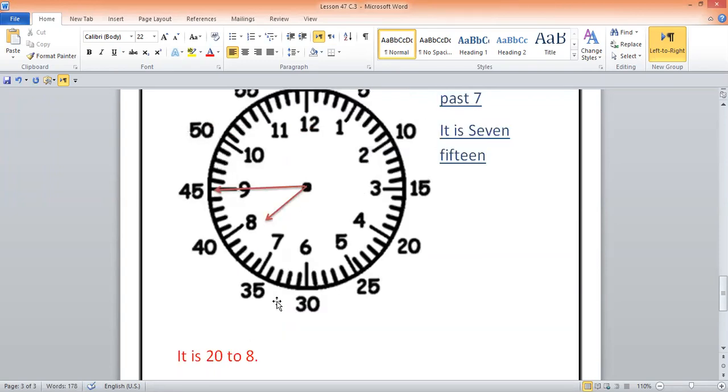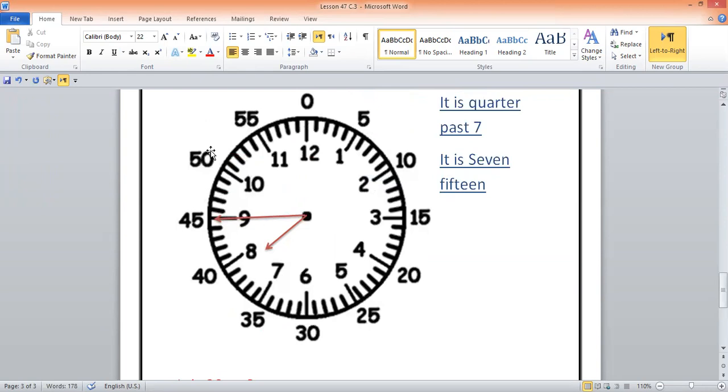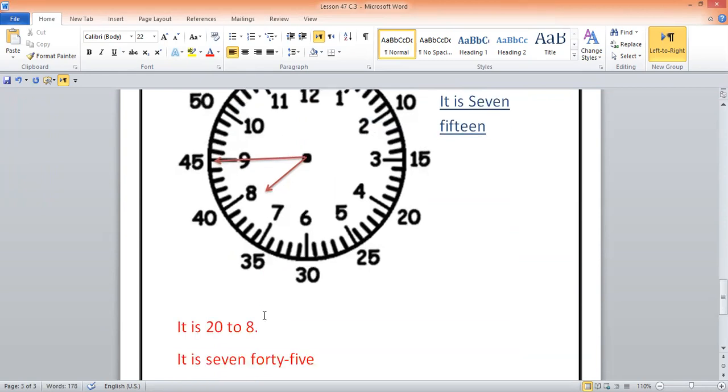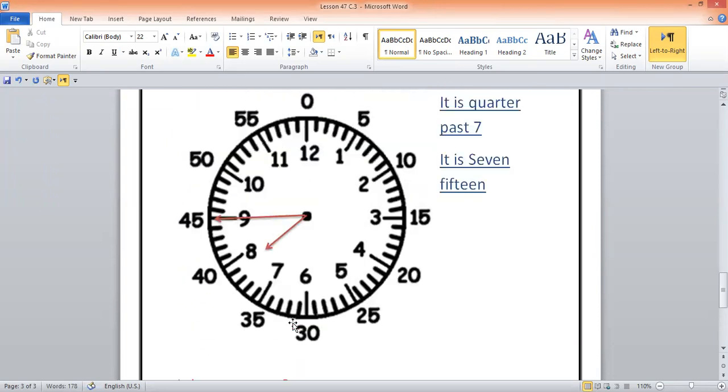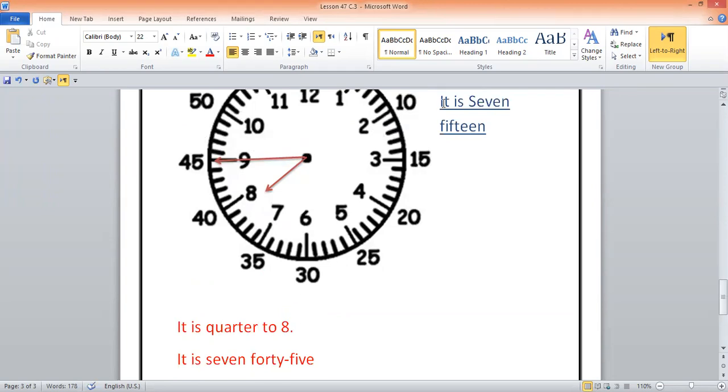And here you can check how many minutes are left: 5, 10, 15. 15 to 8. If I write it like this, it will not be good. Why? Because I told you I will not use 15. Instead of 15, I will use quarter, because 15 is the quarter of the whole. There are a total of 60 minutes. So it is quarter to 8, or it is 7:45. It is quarter to 8. Clear, guys?